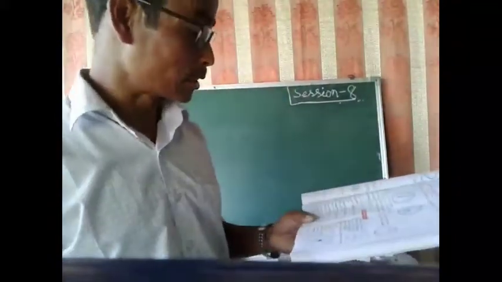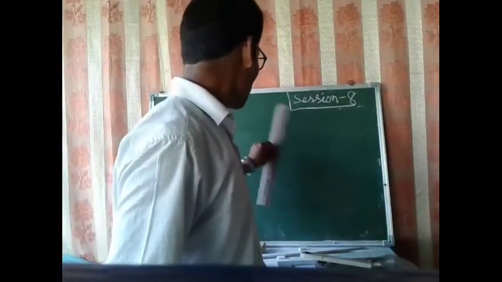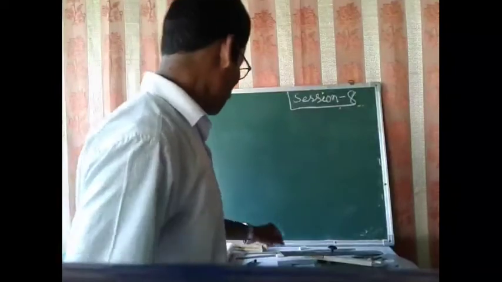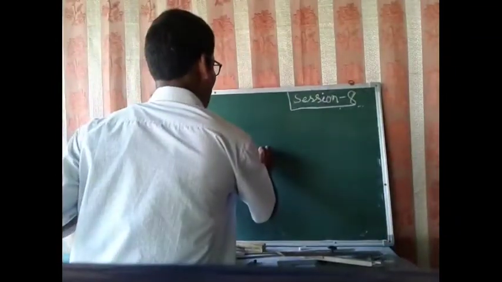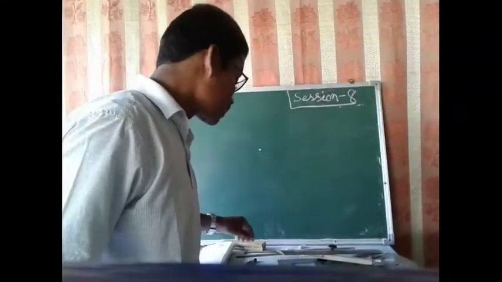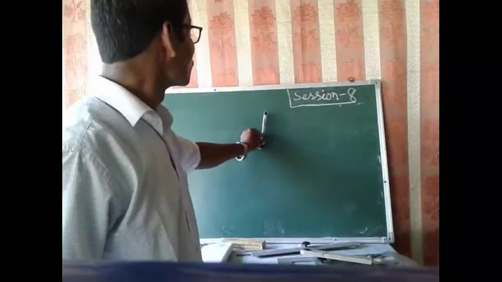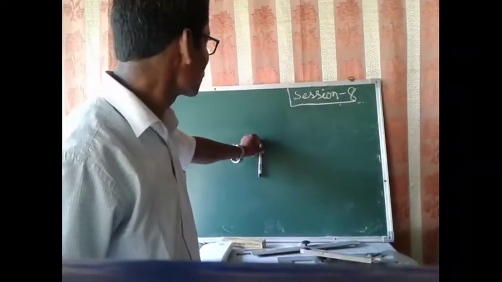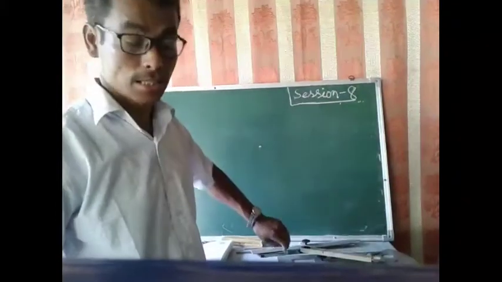Sub question 2: one complete rotation of a line about a point is equal to how many degrees? This is 360 degrees. When a ray completes one turn about the vertex, one complete turn means 360 degrees.